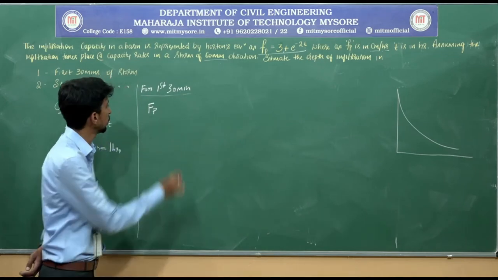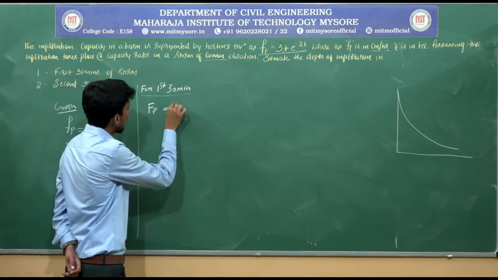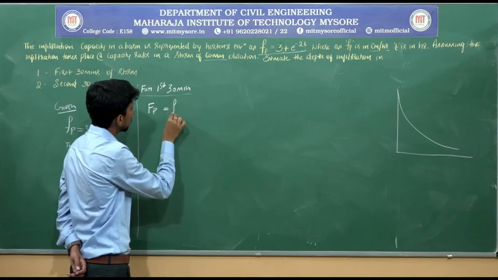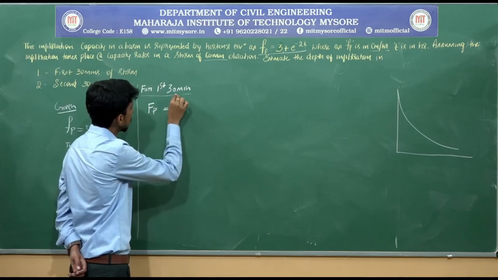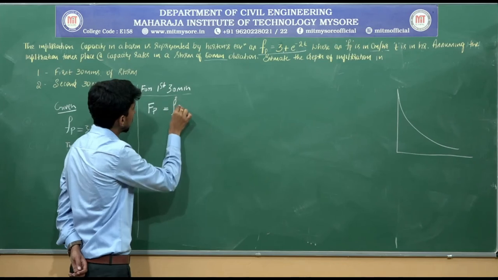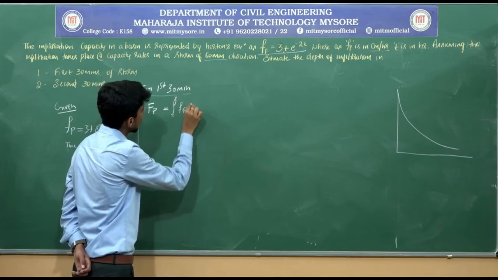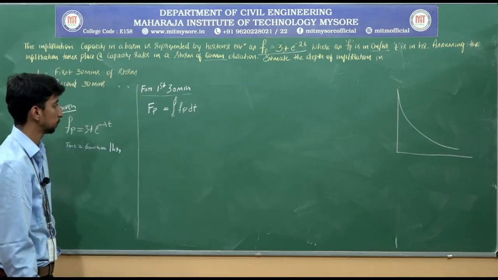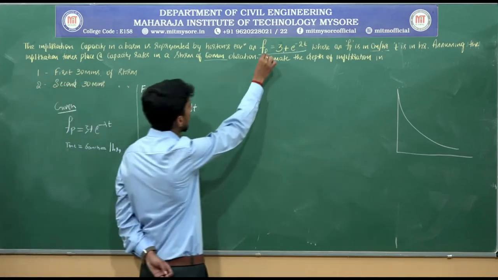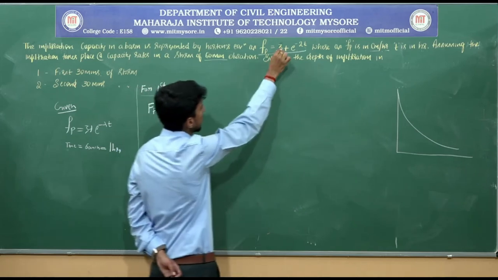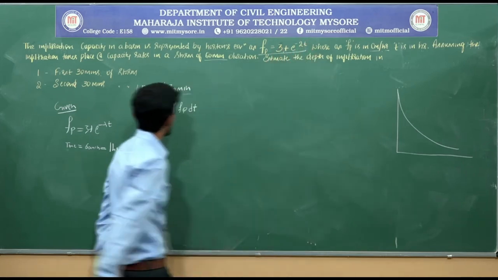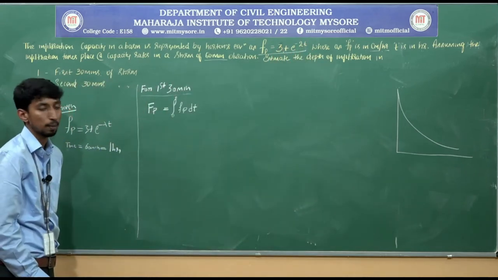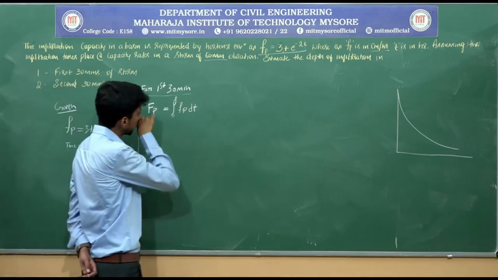Capital Fp equals integration from 0 to t of small fp dt. Here, the fp equation is 3 plus e power minus 2t.